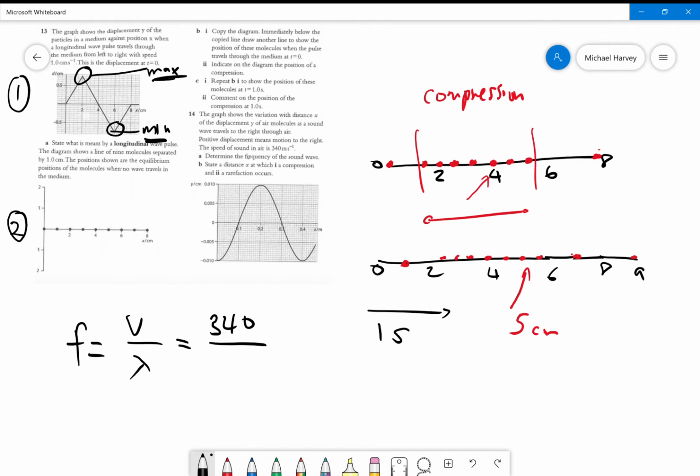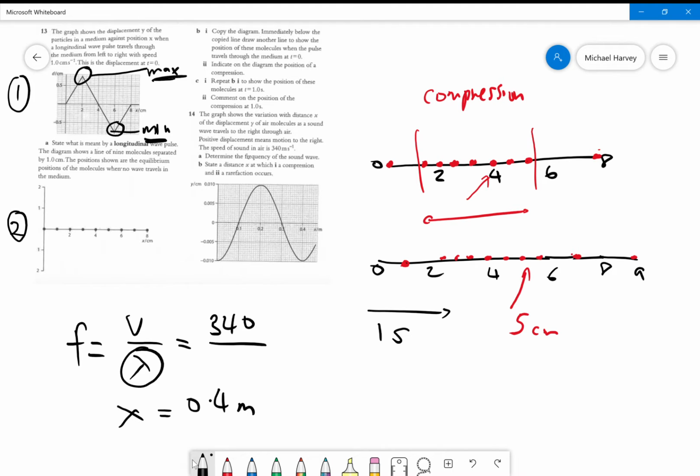The wavelength is what has to be determined, and the wavelength from our graph is going to be 0.4 meters, because that's the distance between compressions.